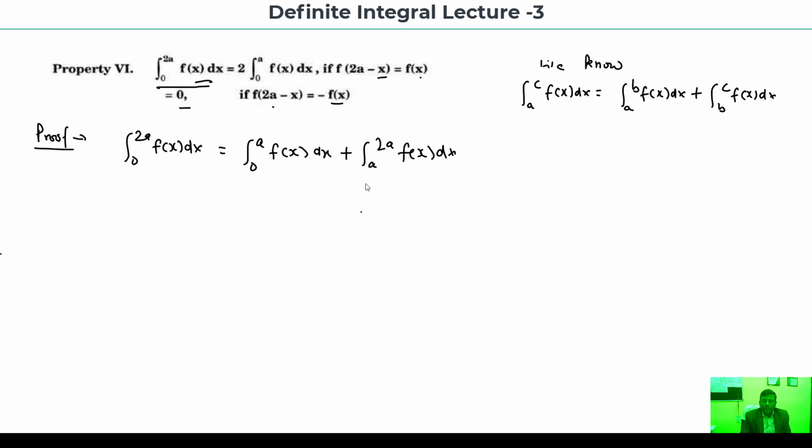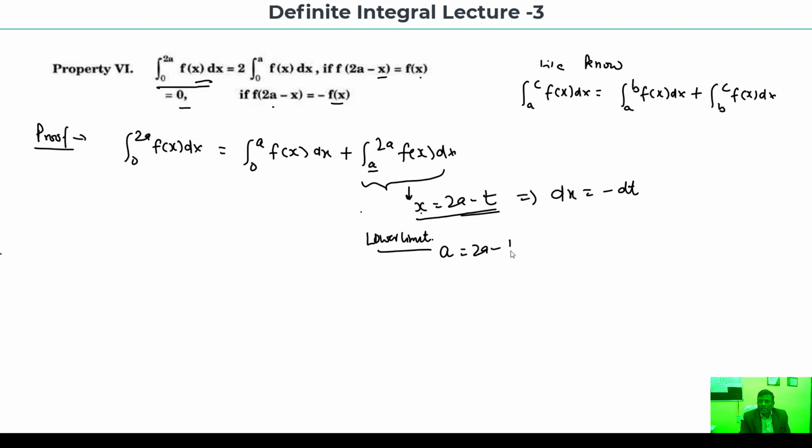Now, in the second integral I am going to put x equal to 2a minus t, so this implies dx equal to minus dt, as I have differentiated this one. Now the limits. For the lower limit, this is the limit for x and I want to change it into t, so in place of x I write a, that is equal to 2a minus t.